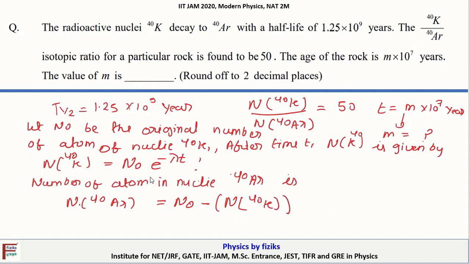We just reduce the number of decaying particles of 40K. That would be N0 minus N0 e⁻ lambda t.